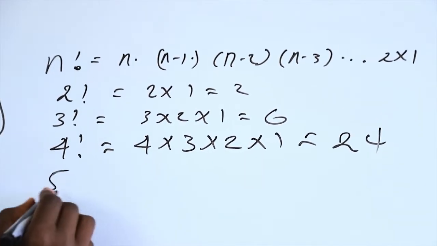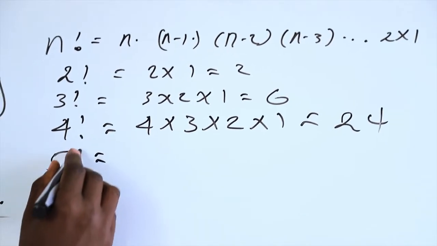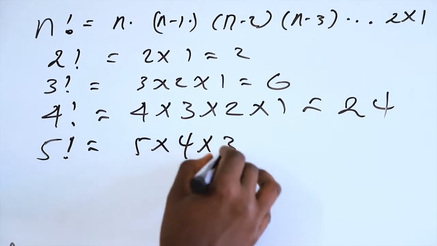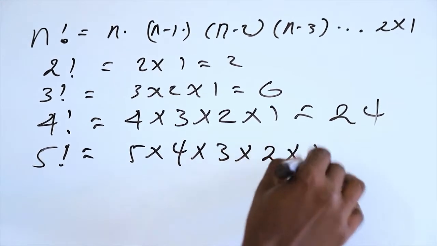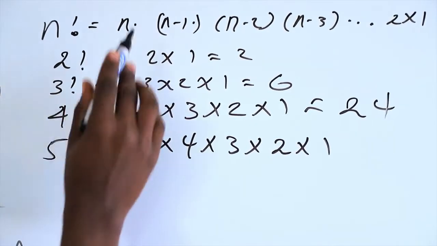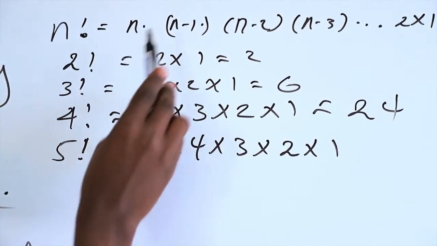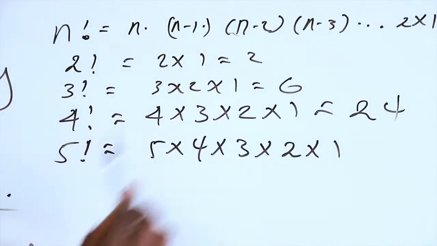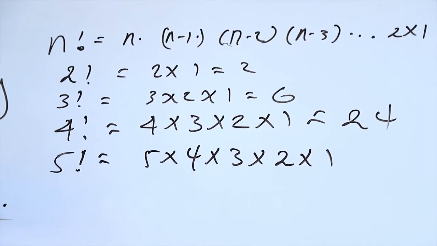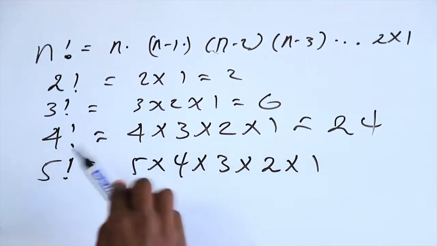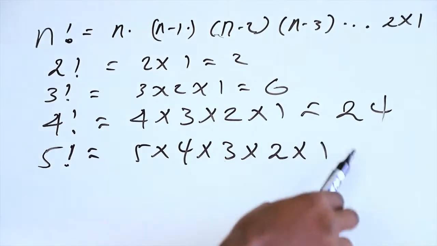And again, for example, 5 factorial means 5 times 4 times 3 times 2 times 1, because in 5 factorial n is 5, so n is 5, and n minus 1 is 5 minus 1, which is 4, and n minus 2 is 5 minus 2, which is 3, and n minus 3 is 5 minus 3, which is 2, and finally n minus 4 is 5 minus 4, which is 1.